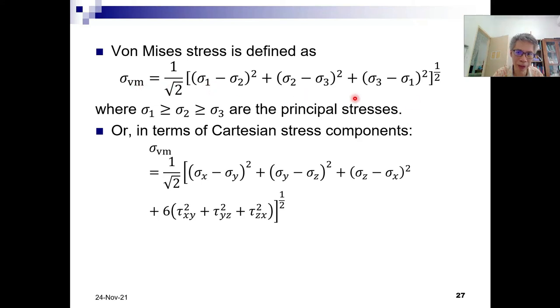We convert the principal stresses sigma 1, sigma 2, sigma 3 into one quantity only, the von Mises stress: 1 over square root 2, the difference of each pair of principal stresses squared, and then square root. Or we may also express the von Mises stress in terms of the Cartesian components, like this: the squares of the differences of the normal stresses plus 6 times the squares of all components of the shearing stress, square root.